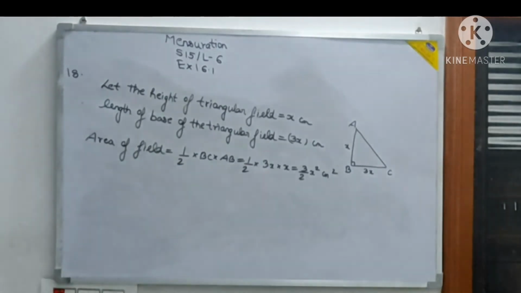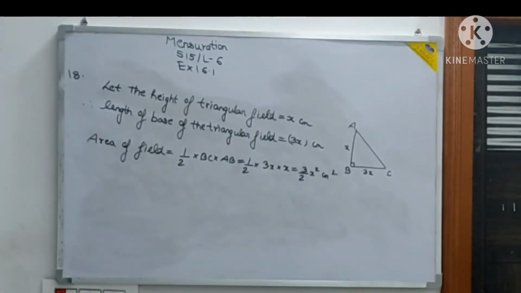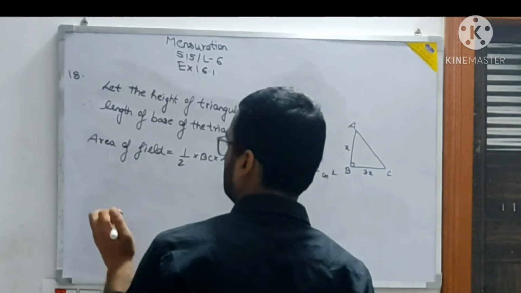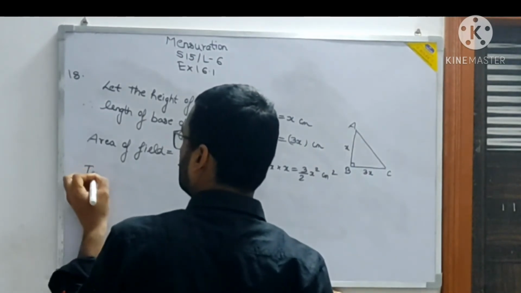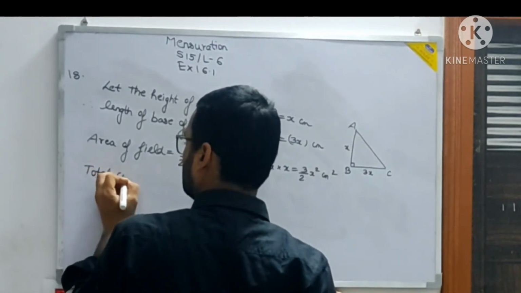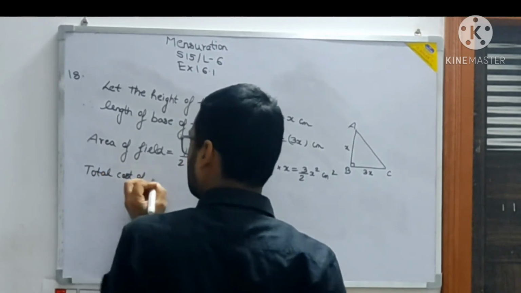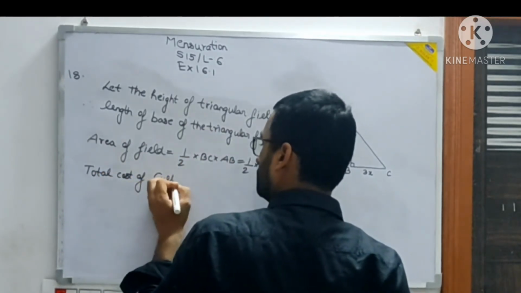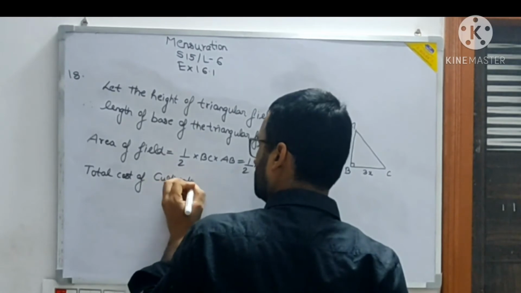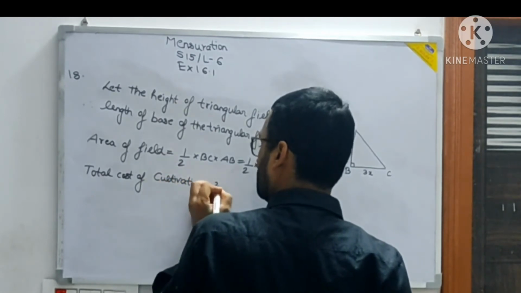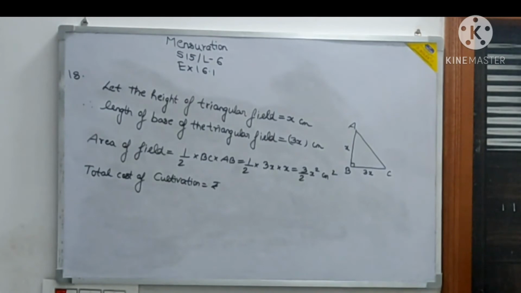Now see, the cost of cultivation is given at the rate of 25 per 100 meter square. So rupees 25 per 100 meter square is given. So the total cost of cultivation that was given in the question, how much is it? 60,000 rupees.